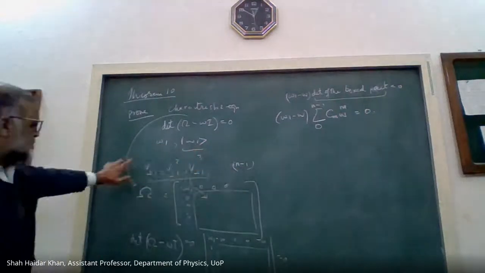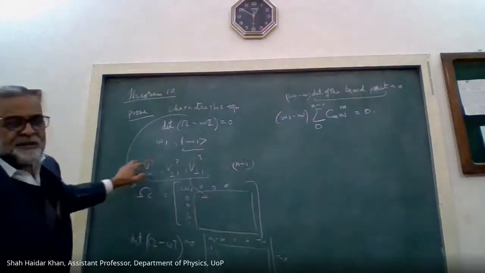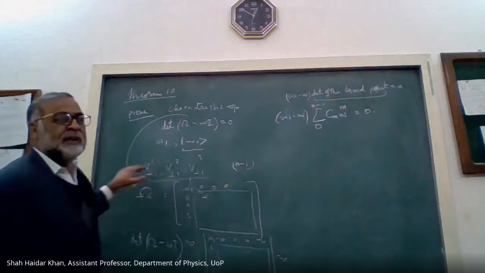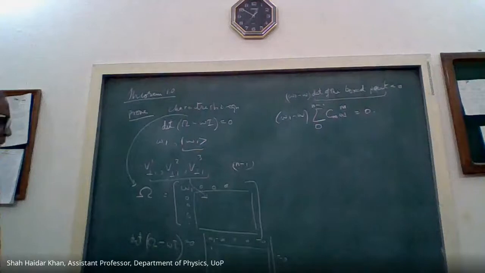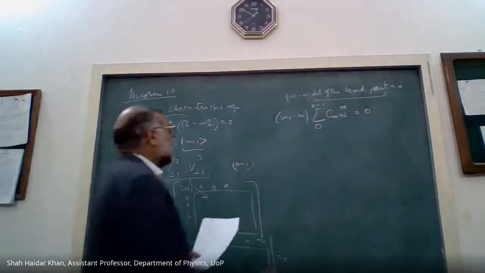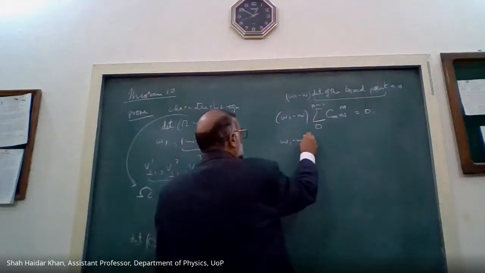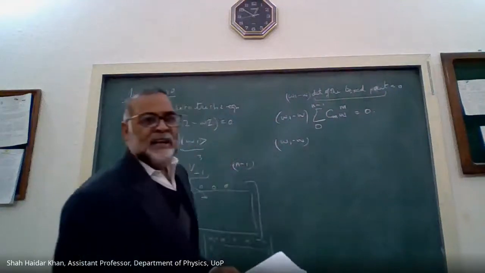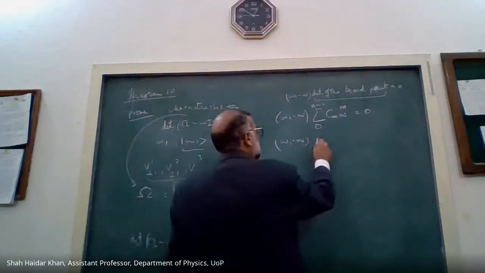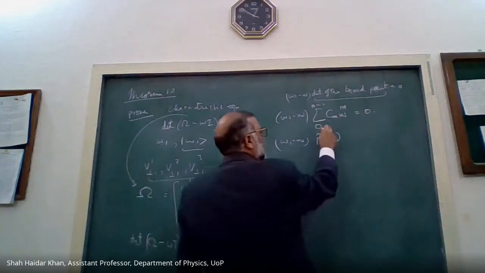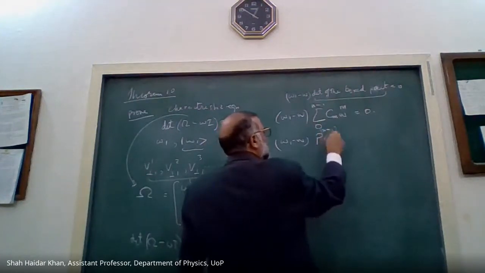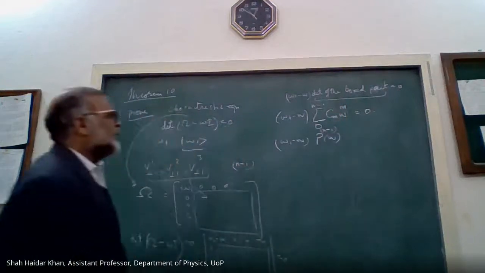And suppose this subspace consists of elements up to n minus 1. So it will be omega 1 minus omega and a polynomial in omega, and the order of the polynomial will be n minus 1.